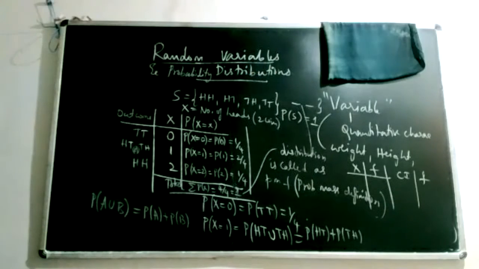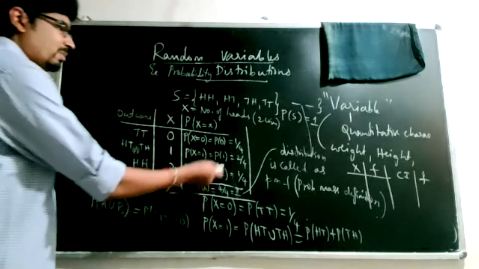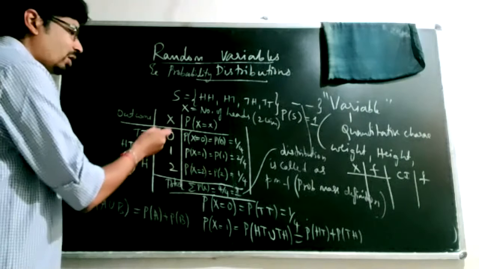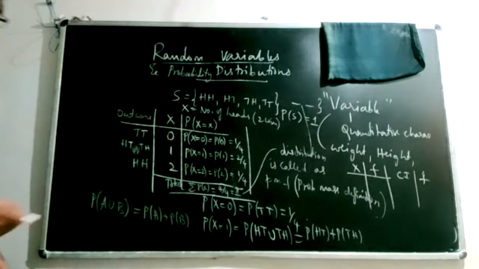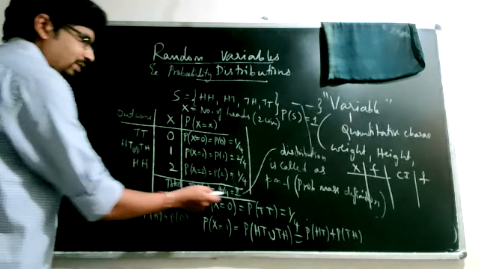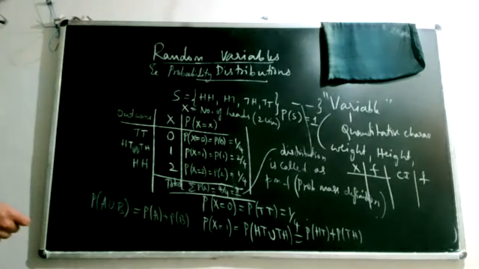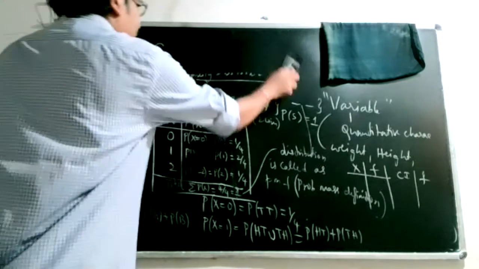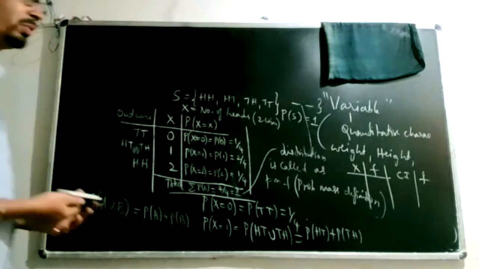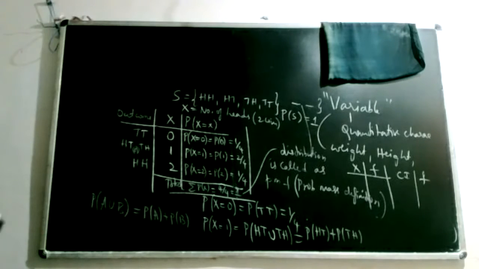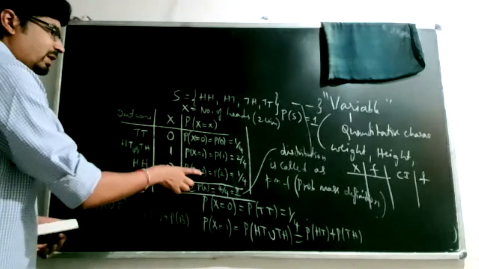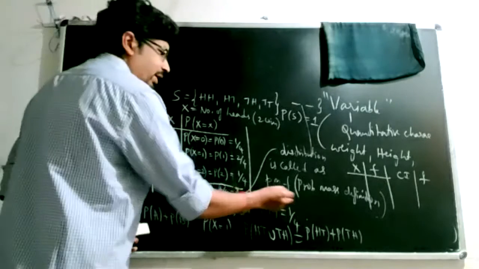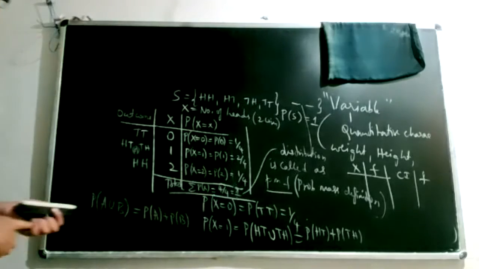A probability mass function is simply the probability distribution of a discrete random variable such that the total probability is equal to 1. If the total probability is not equal to 1, then you are just observing a probability distribution. It cannot be called a PMF.